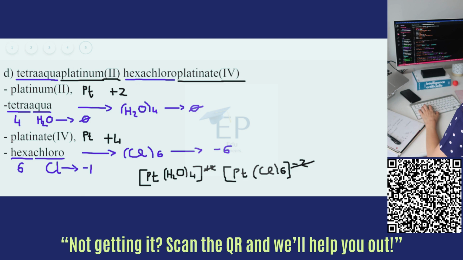The second, we list the platinum again with the corresponding ligands, the hexachloro, so chloro 6 times. And we said that 6 chloro has -6 charge. This platinum has +4, so -6 plus 4 is -2. Now we see we have a formal charge of -2 here and +2 here, so overall we can cancel them out and the total charge is going to be 0.